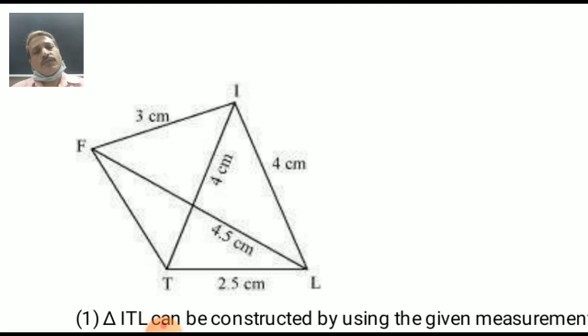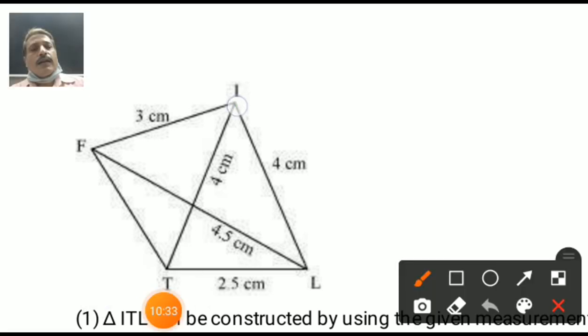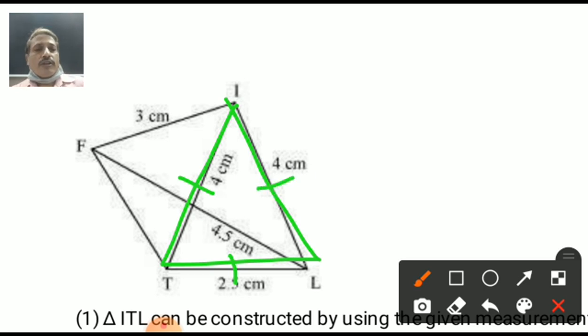Yes or no? Now think about our first triangle ITL. Where is ITL? Yes, my dear student, ITL is here. It is the first triangle, and you have three sides: 4 centimeter, 2.5 centimeter and 4 centimeter. With the help of this, can I draw a triangle?